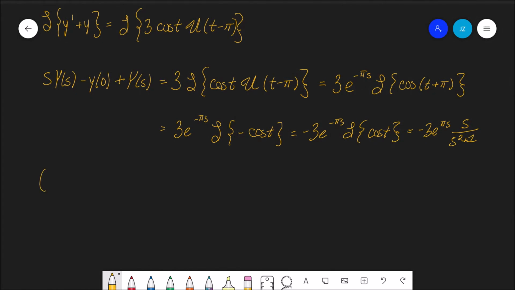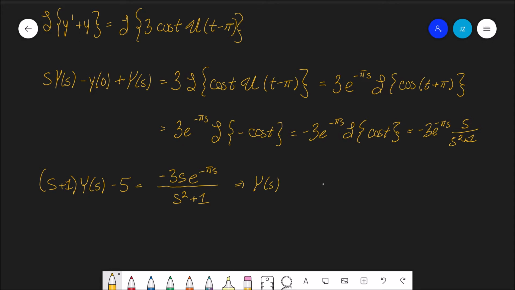So we're going to have s plus 1 times Y of s minus 5 is equal to negative 3 s e to the negative pi s all over s squared plus 1.